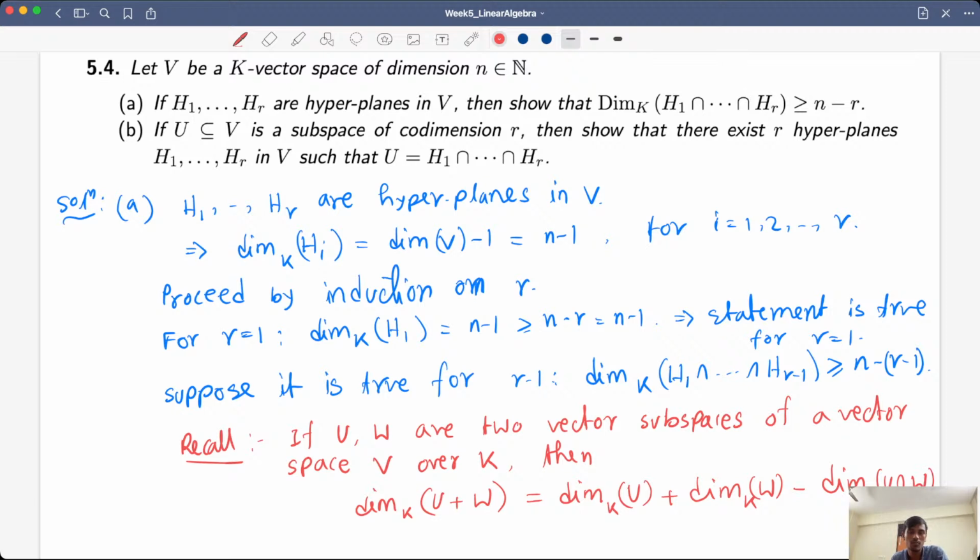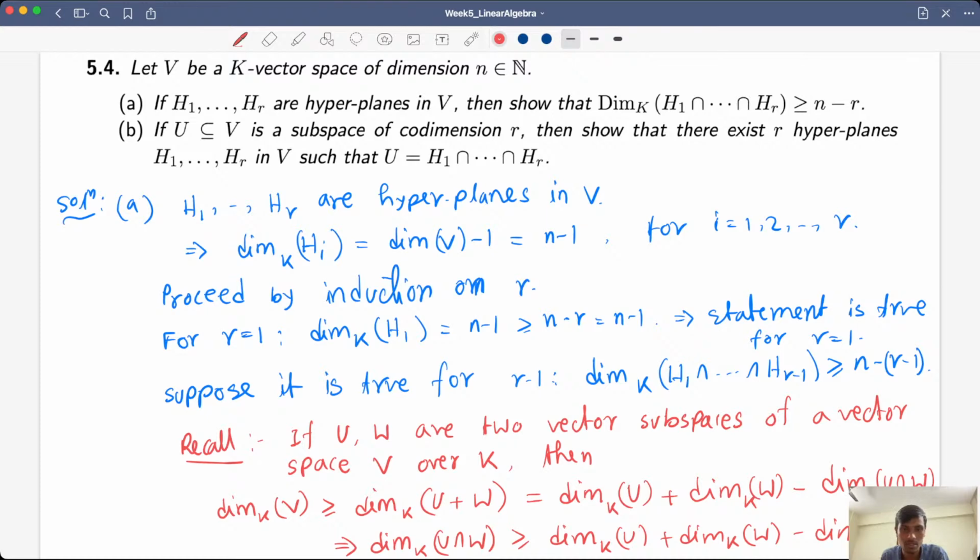As U plus W is a subspace of V, its dimension is less than or equal to the dimension of V over K. So this implies that the dimension of U intersection W is greater than or equal to the dimension of U plus the dimension of W minus the dimension of V. Here V is a finite dimensional vector space, so everything makes sense.